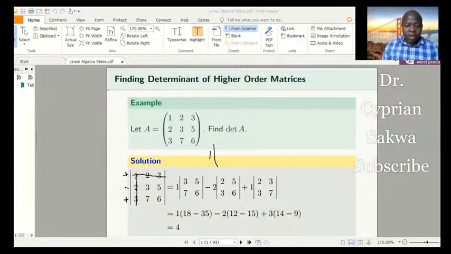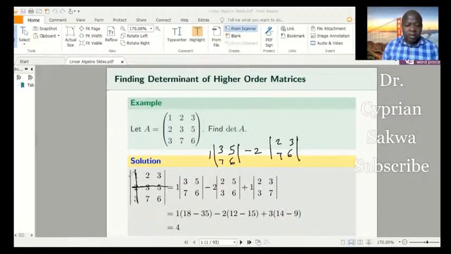When I delete the row of 1 and the column of 1, the matrix that is left is 3, 5, 7, 6. Then the next sign is negative, and the element is 2. So what happens when I delete the row of 2 and the column of 2? The matrix that is left is 2, 3, 7, 6.